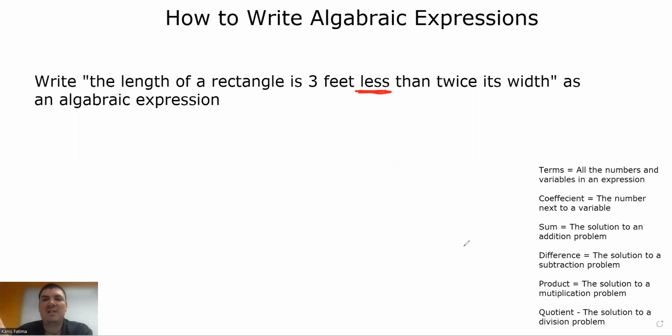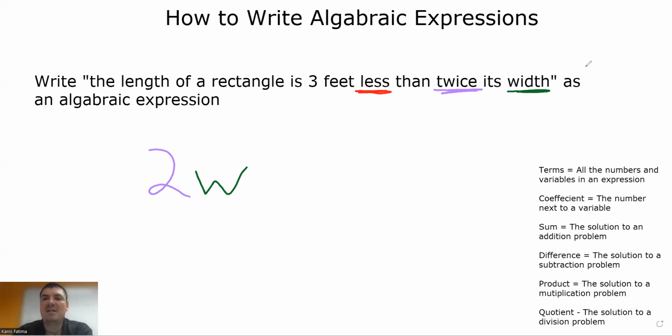So the first thing is I look at twice its width. So twice would be 2 times, and width would be my unknown quantity because I don't know the width. So I will use the letter W to represent width. So 2W is twice its width.